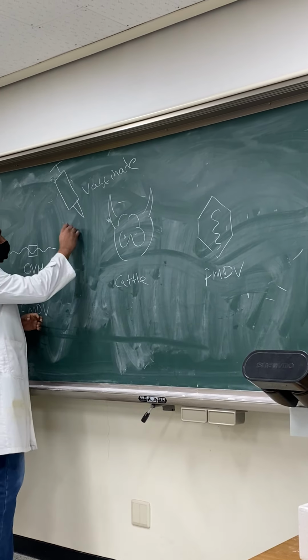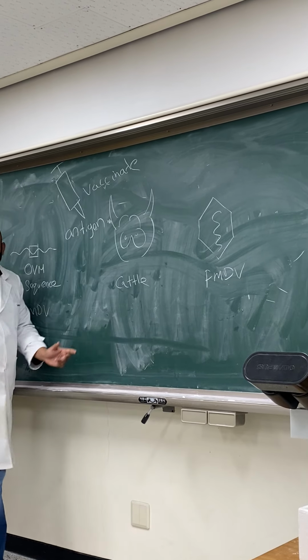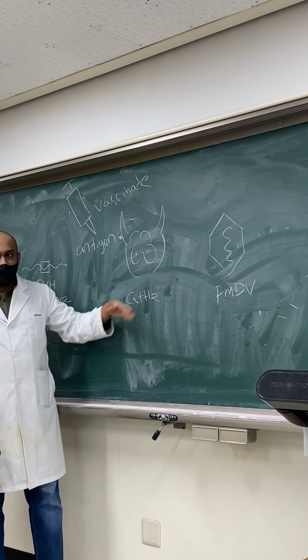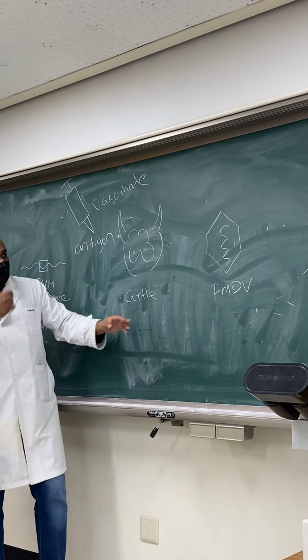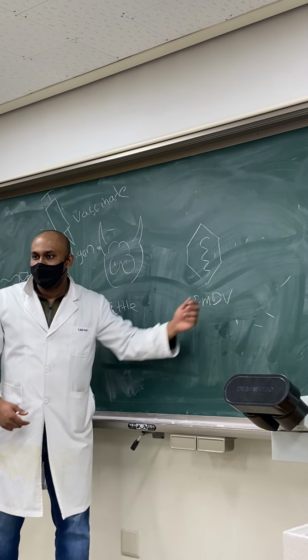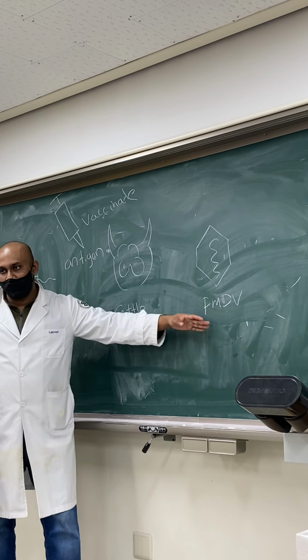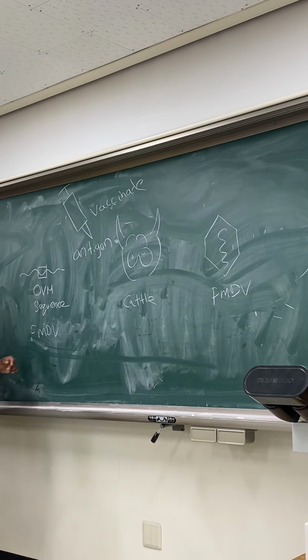Okay. Antigen. So when an antigen is injected, immunity is built in the animal. So when the actual virus comes, the animal can be safeguarded from the actual virus infection. Okay. Right? Yeah. So that's the principle.